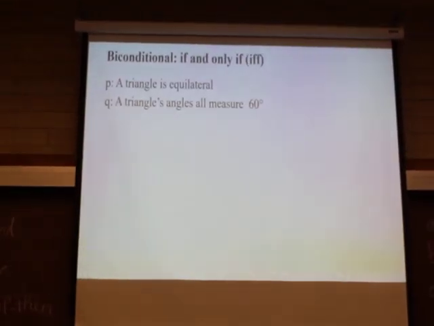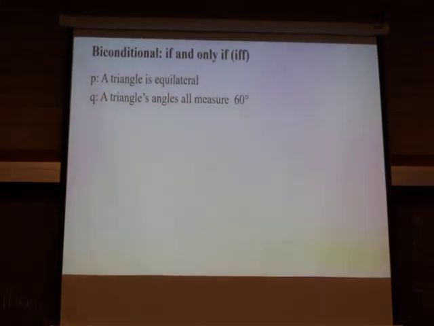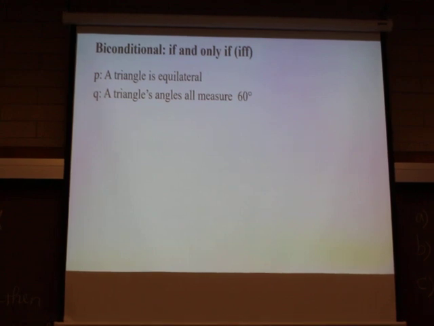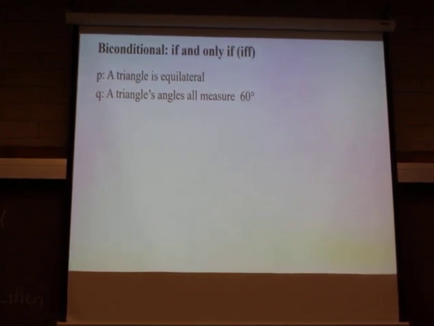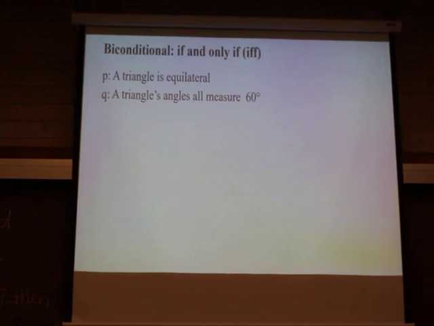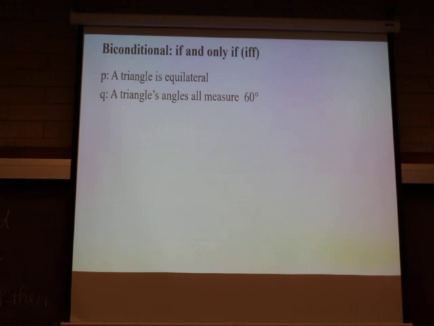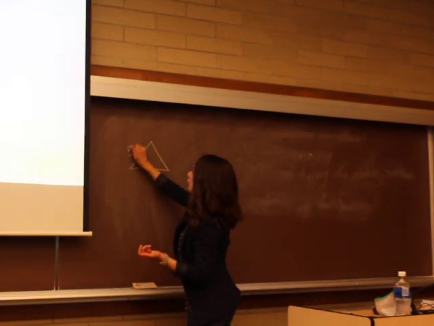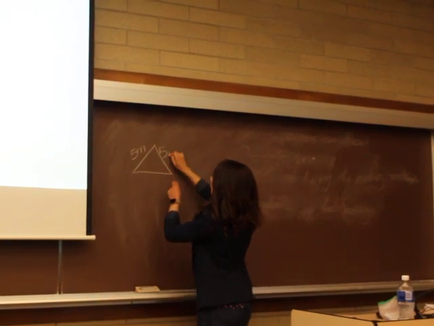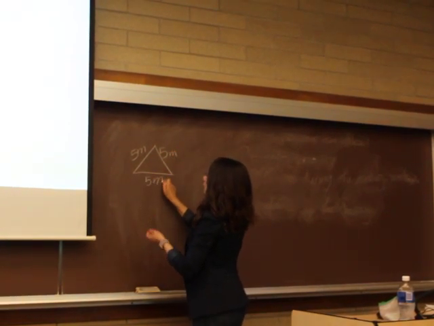So biconditional, let's go through an example. Let's say a statement P tells you that a triangle is equilateral. Okay, equilateral means that all the sides are the same. For example, if this side is 5 meters, this side is 5 meters, this side is also 5 meters.